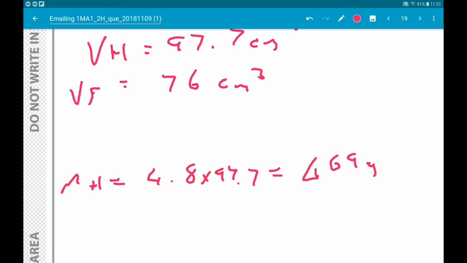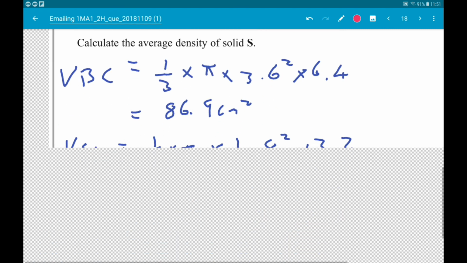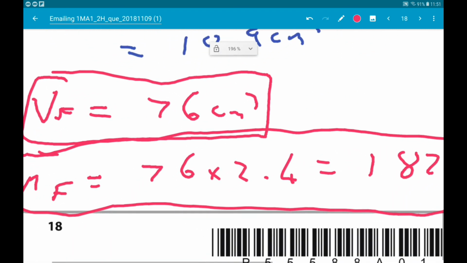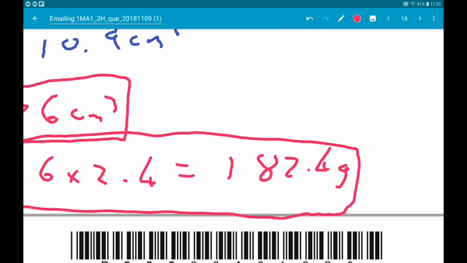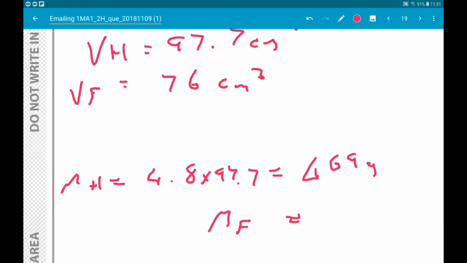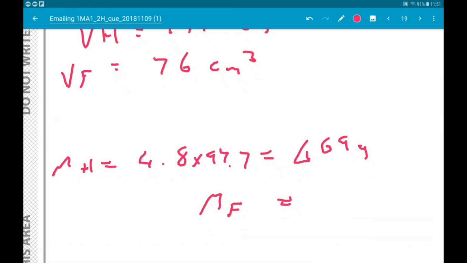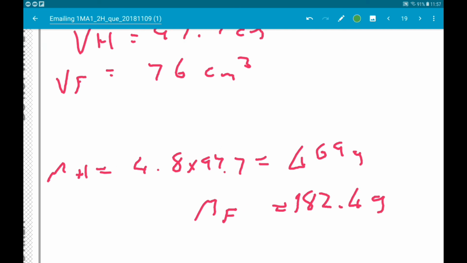Okay, now let's also write the mass of the frustum. So that was 182.4. So we can now finally finish this off.